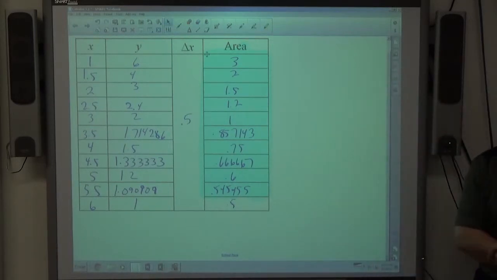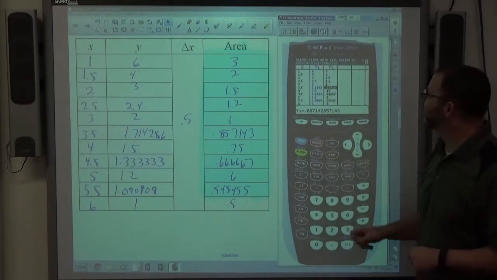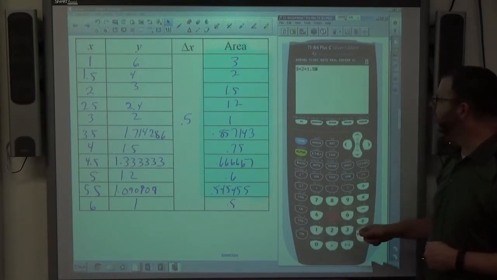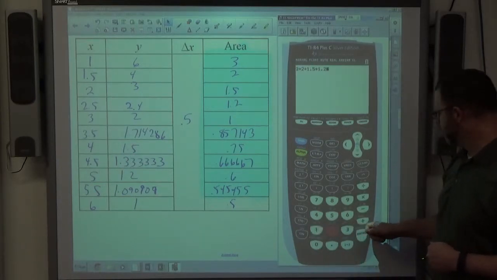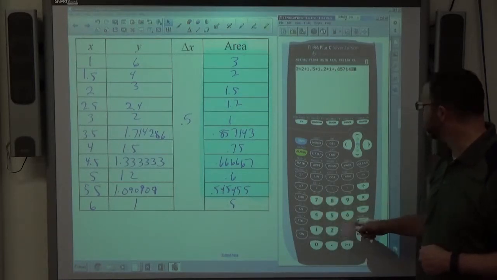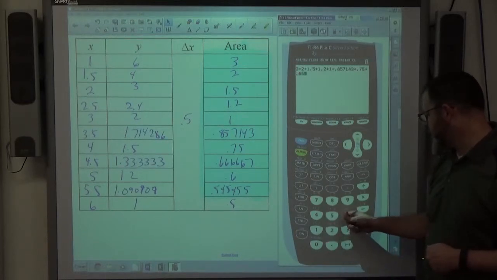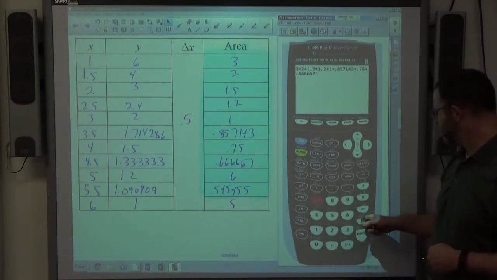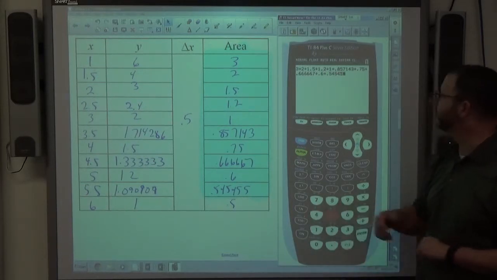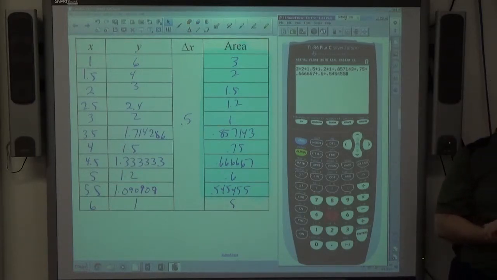Easiest way to add those numbers together? Calculator, so I'm going to do that. So I'm going to do 3 plus 2 plus 1.5 plus 1.2 plus 1 plus 0.857143 plus 0.75 plus 0.666667 plus 0.6 plus 0.545455. You have to move 545 and the 5 rounds the last 4 up to a 5, right?